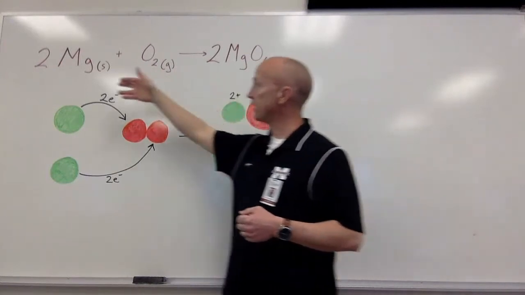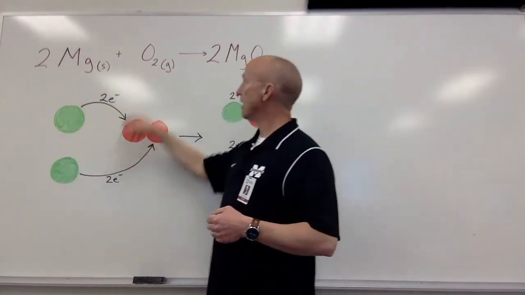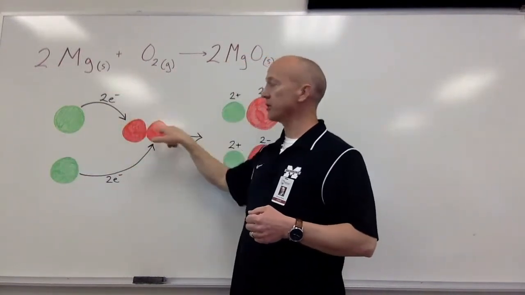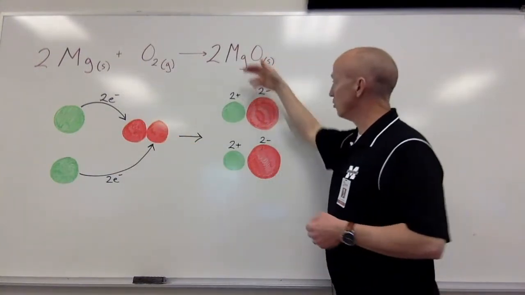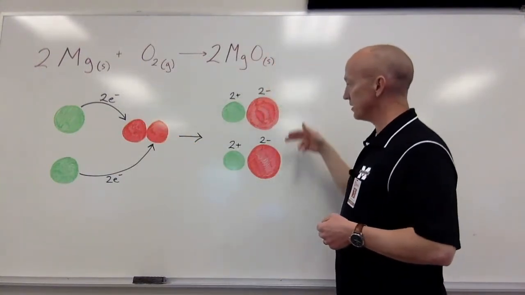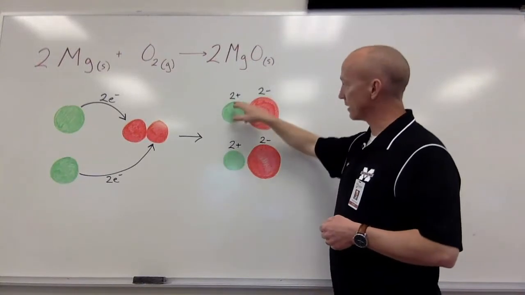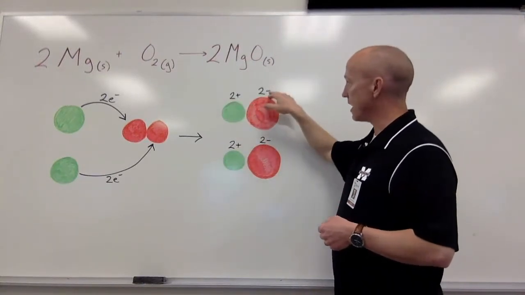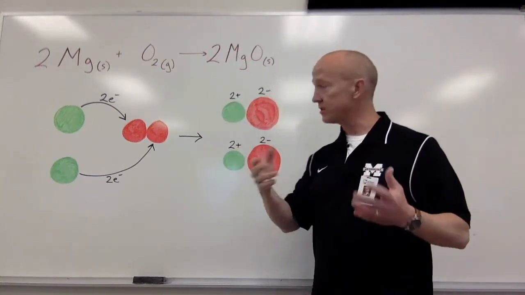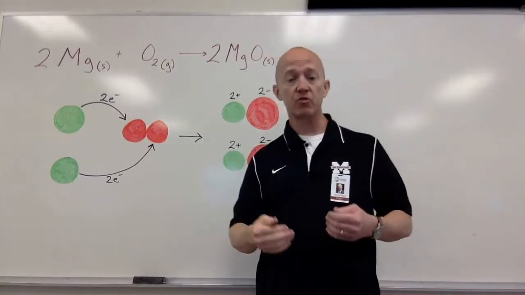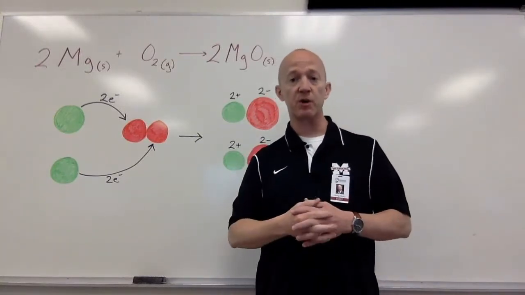So with 2 magnesium atoms and a single oxygen molecule, we get 2 formula units of magnesium oxide, where magnesium has a +2 charge and oxide has a -2 charge. We see this example of electrons being transferred in this process.